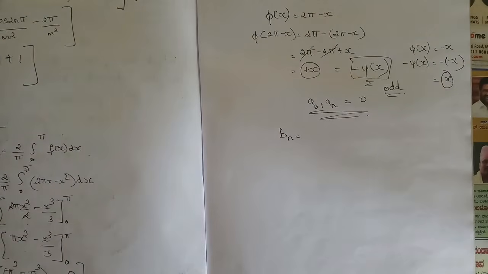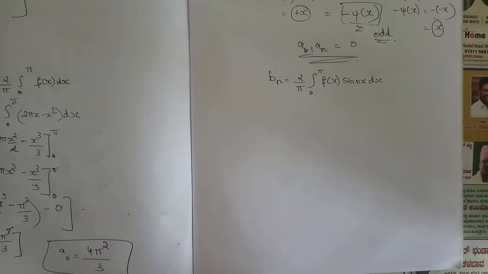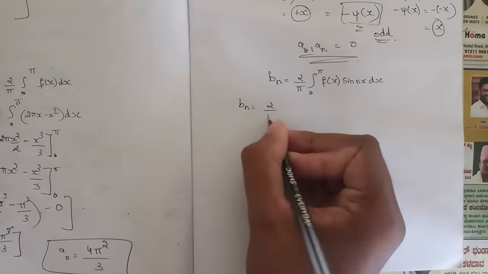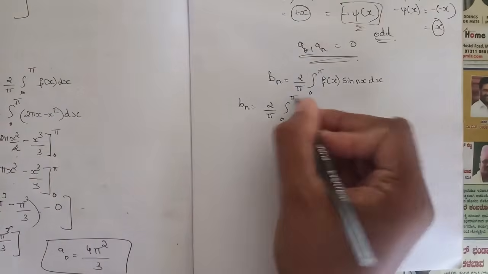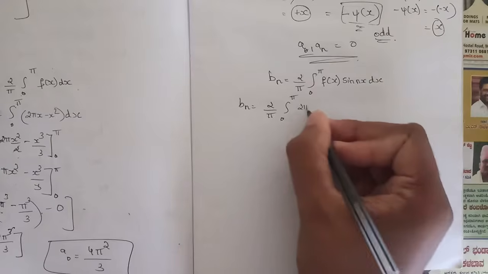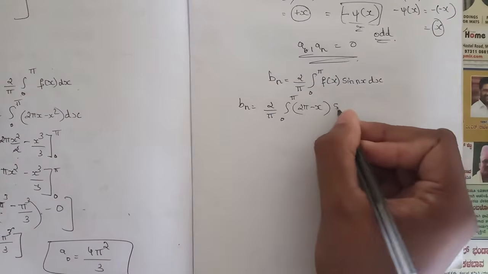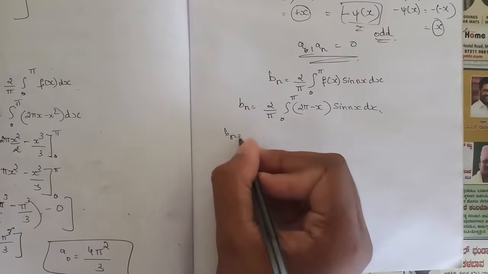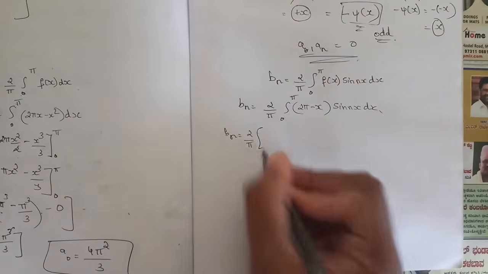So we'll find the value of bn. Substitute the value of f of x from 0 to pi, that is 2 pi minus x, sin nx dx. Apply Bernoulli's rule.